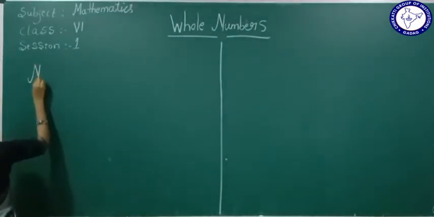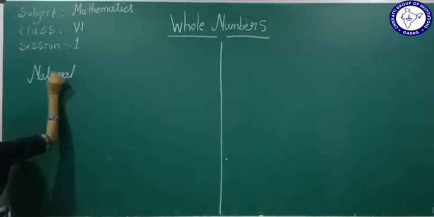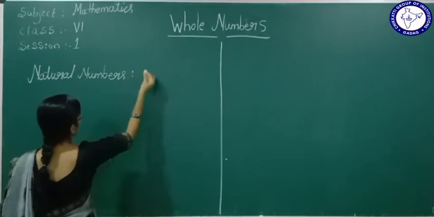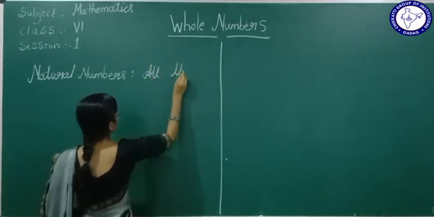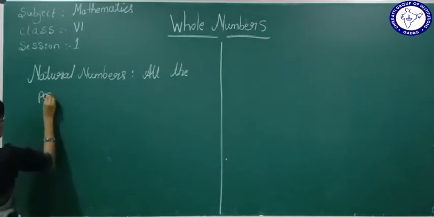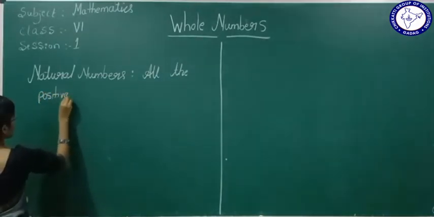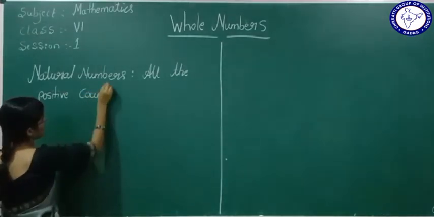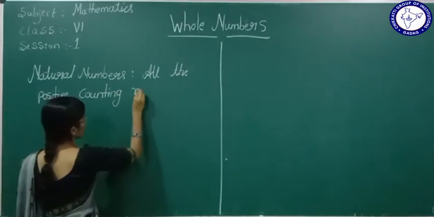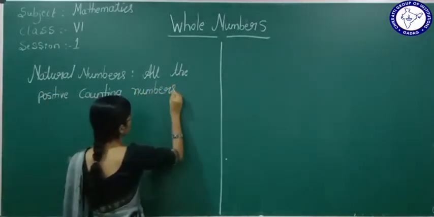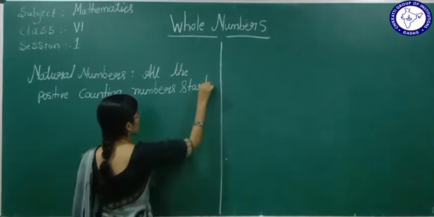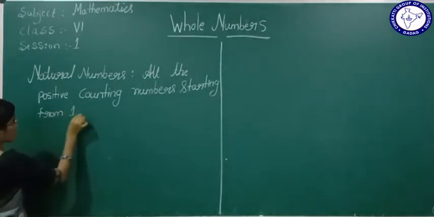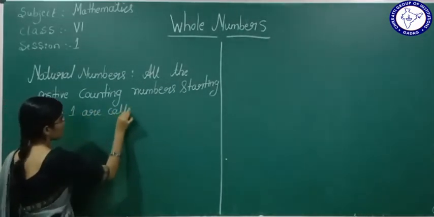What are natural numbers? All the positive counting numbers, all the positive counting numbers starting from 1 are called natural numbers.